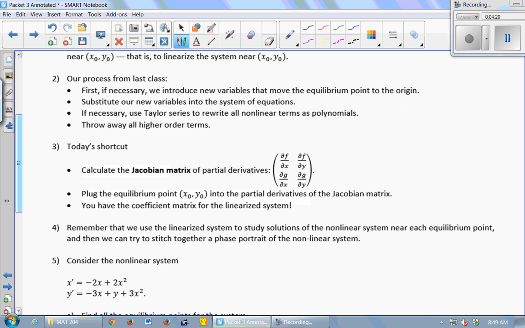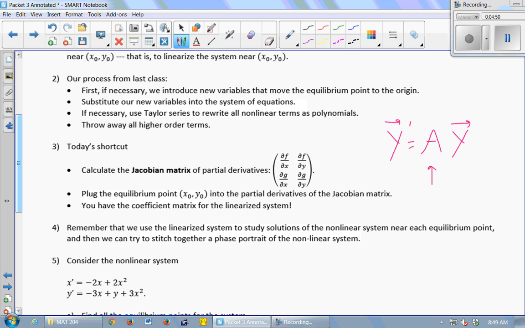Then plug your equilibrium point, x naught, y naught, into each of those partial derivatives in the Jacobian matrix, and done. That's the matrix A in the linearized system, y prime equals Ay. Your matrix of partial derivatives evaluated at your equilibrium point is your A.